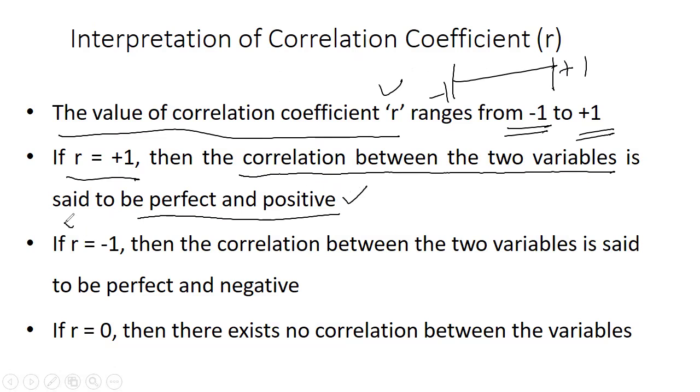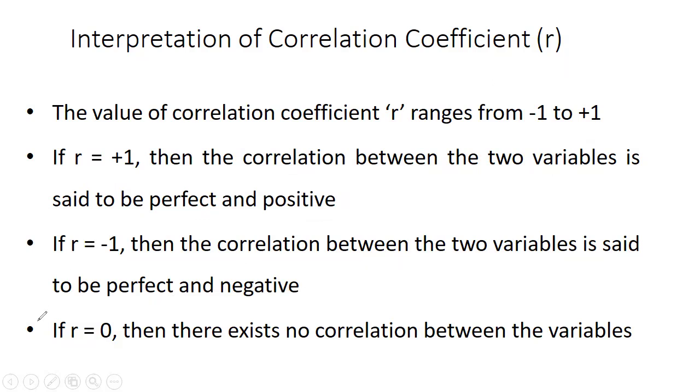If r equals -1, the correlation is perfect negative correlation between the two variables. If r equals 0, it means there is no correlation between the two variables.